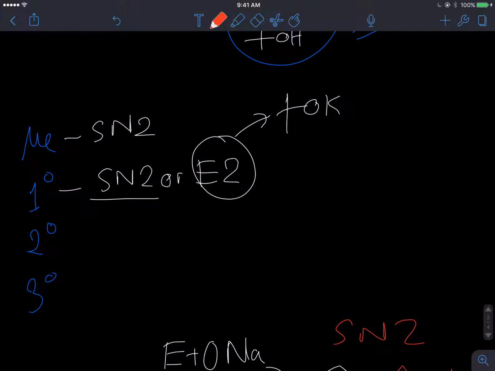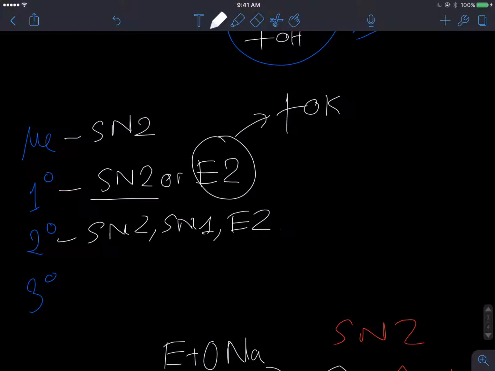A primary substrate. And for the secondary substrate, we have SN2, SN1, or E2. Never E1. E1 is only for tertiary structure.